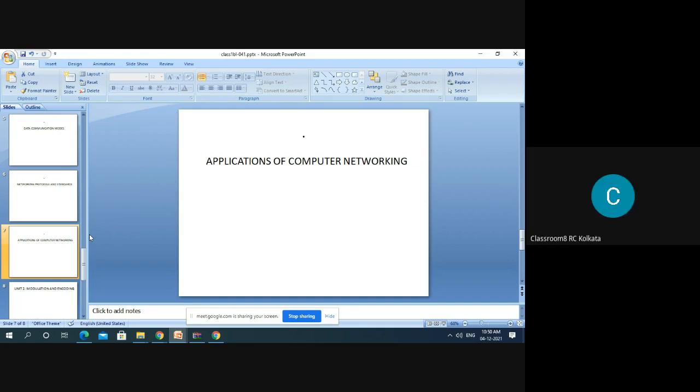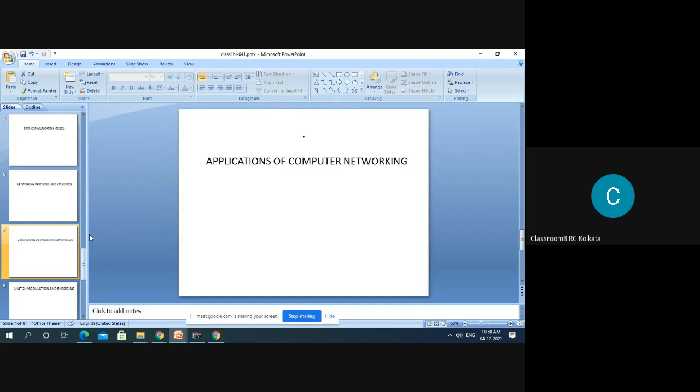Where you want to share something, there you can use a network. So: information and resource sharing, retrieving remote information, speedy inter-process communication, e-commerce, highly reliable systems, cost-effective systems, and others.